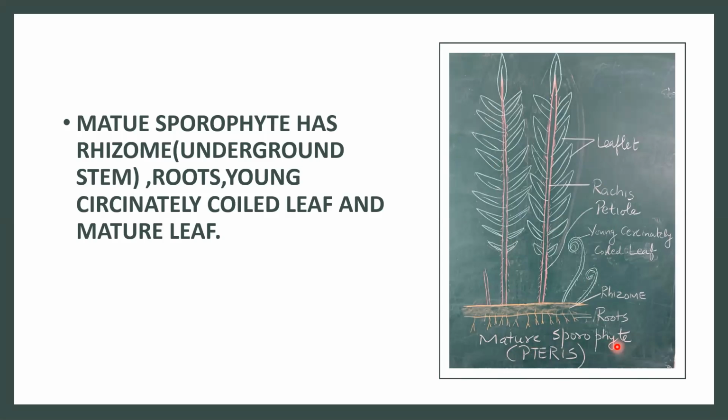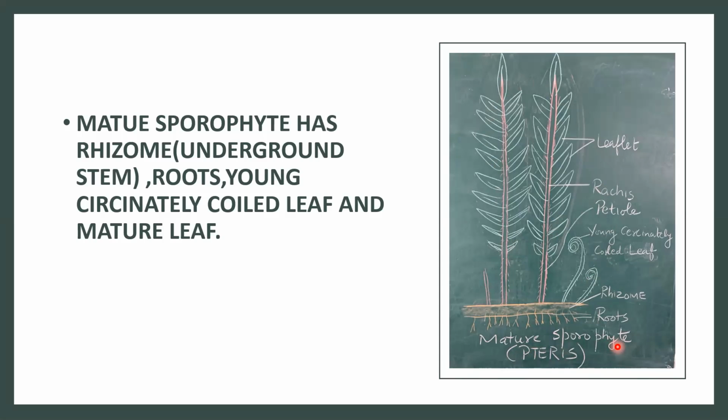The sporophyte will again reproduce by the formation of sporangia. Sporangia will dehisce open to liberate the spores, and spores will germinate to form the prothallus, the gametophytic part. Then the gametophyte will bear sex organs, male and female. Fertilization occurs, the zygote is produced, and the zygote will develop into a mature sporophyte.